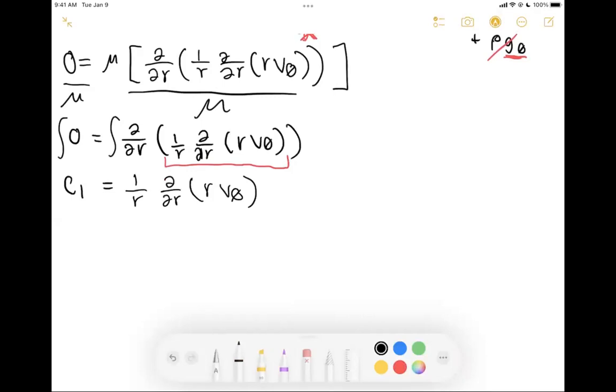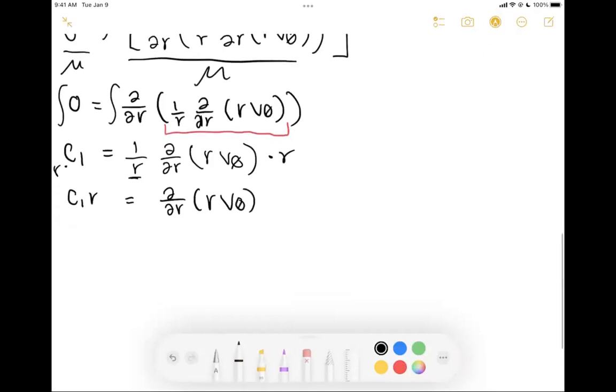First, you multiply both sides by r to get rid of this pesky r on the front, and you end up with C1r is equal to d over dr of r v theta. Then we take the integral of that again just to get rid of this d over dr.